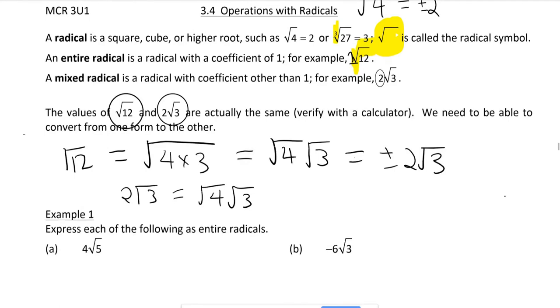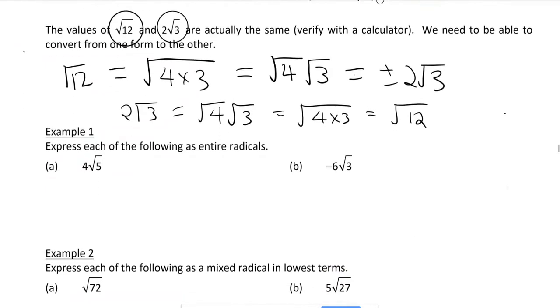Because both of them are radicals being multiplied to each other, I can combine them. So that becomes 4 times 3, and that gives me the square root of 12. So that's pretty much how we go from one form to the other. This is a very simplistic example.